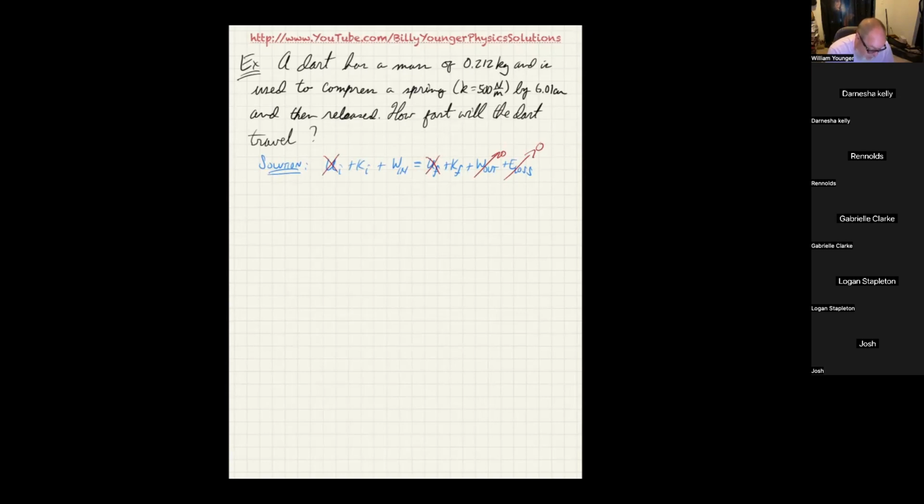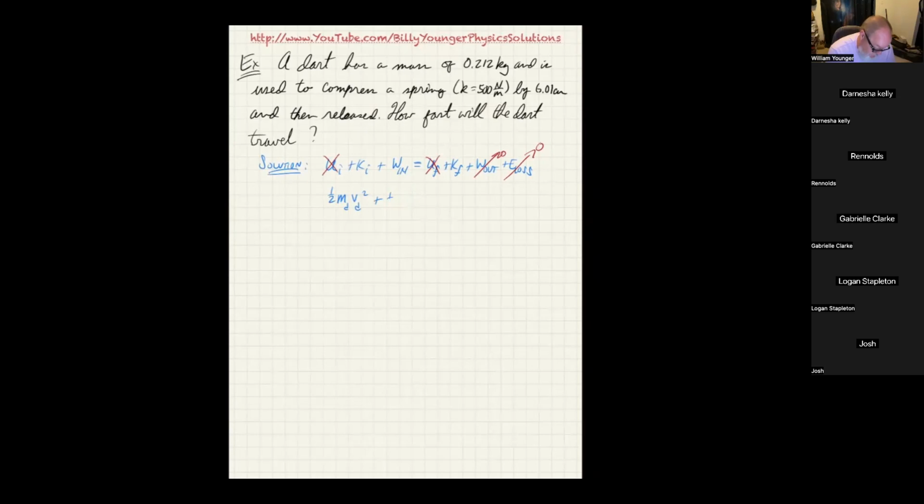So what I'm going to get is 1/2 the mass of the dart times the velocity of the dart squared plus 1/2 k times the compression of the spring squared. Oh, the initial kinetic energy was 0. Sorry about that.